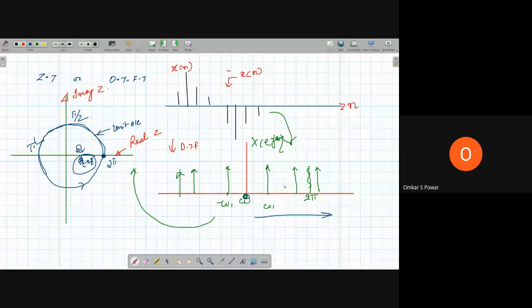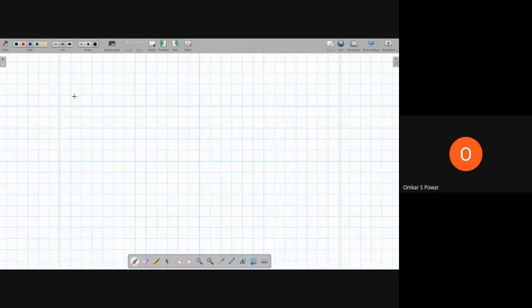Okay, so now let me explain why we need digital signals, with the help of an example so that you get a better idea.